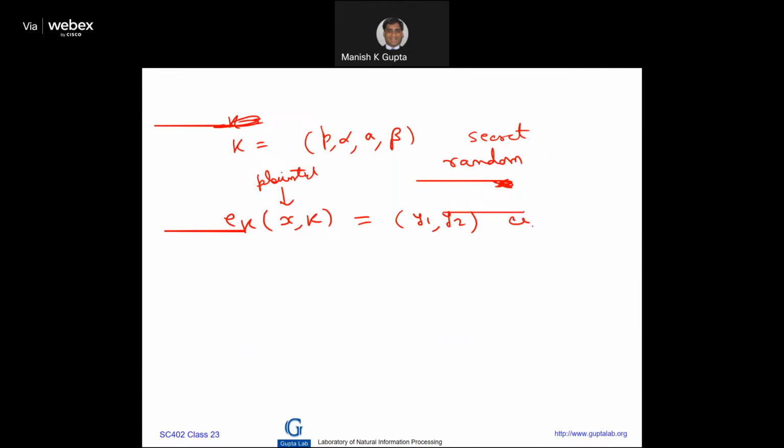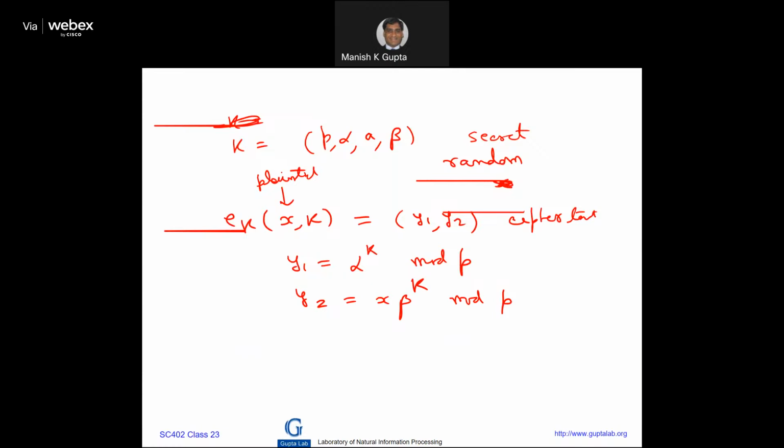This is your cipher text. Here y1 is alpha raised to power k mod p, and y2 is x times beta raised to power k mod p.